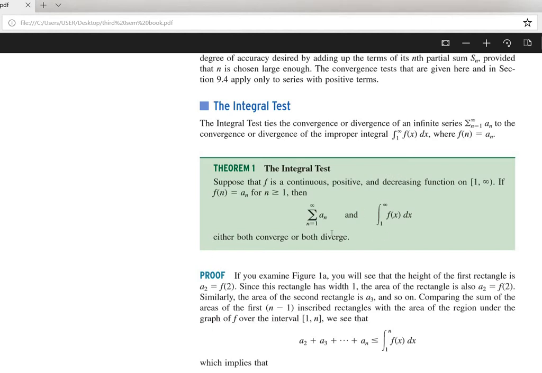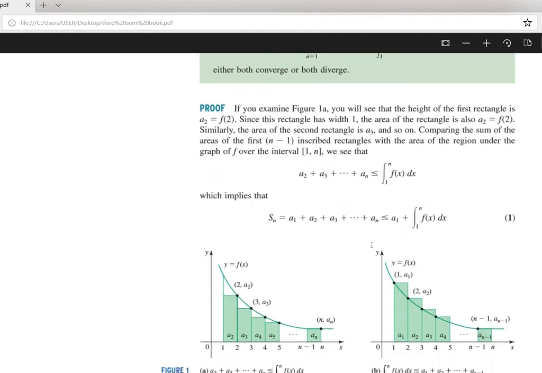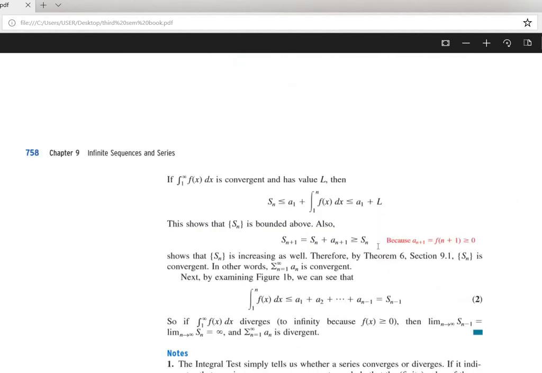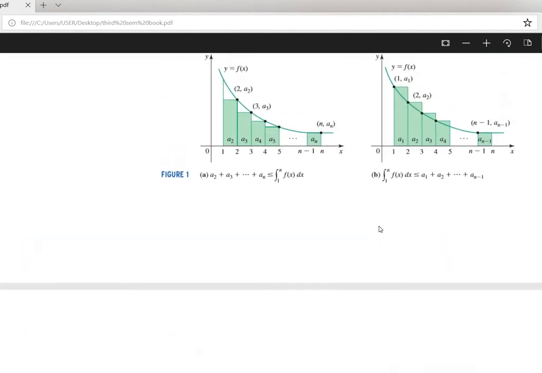In order to find the convergence or divergence behavior of this series, we need to find out the value of integral 1 to infinity fx dx. This converges if it has a finite value, and it diverges if its value goes to plus or minus infinity. Okay. The proof is here. How will you do the proof?